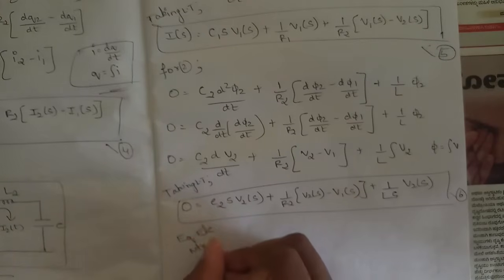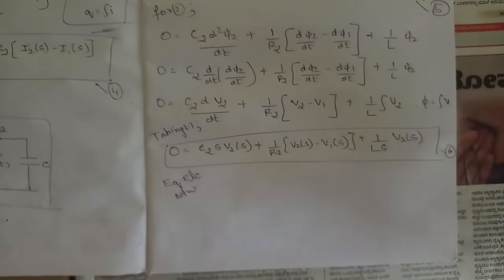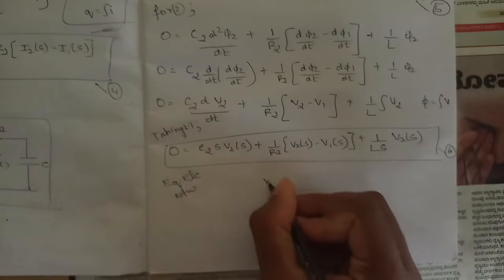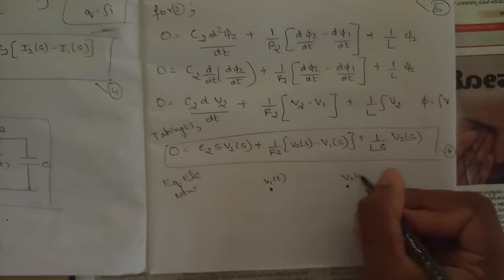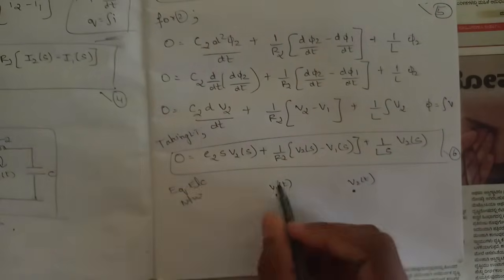electric network. So since we have two voltages here, we need to use the node voltage analysis. So write the two nodes and name them V1 of t and V2 of t. Again we know that for node V1 we have the current I of s.